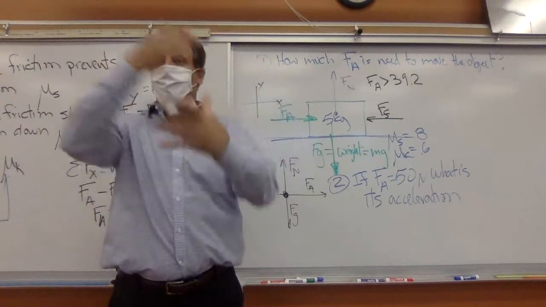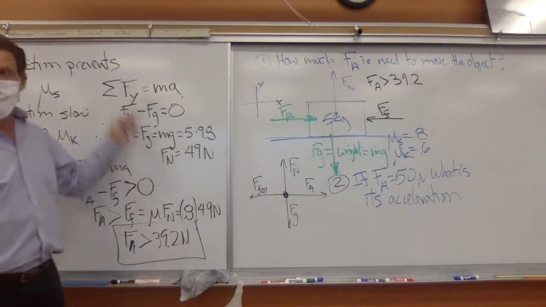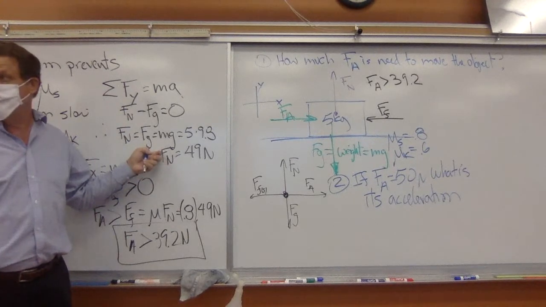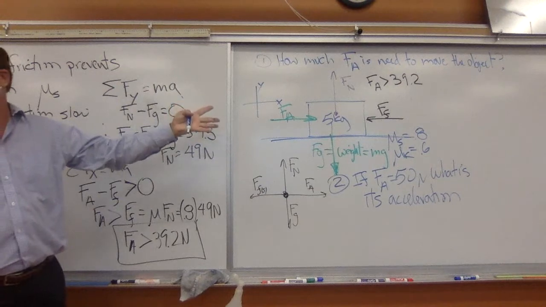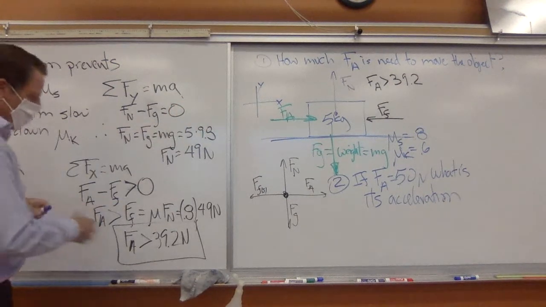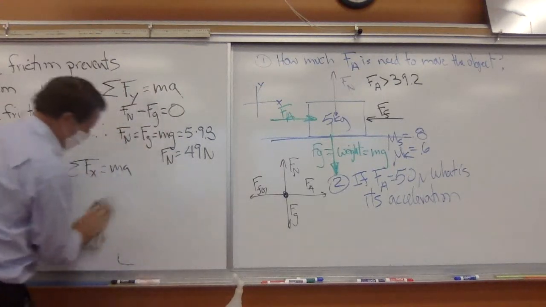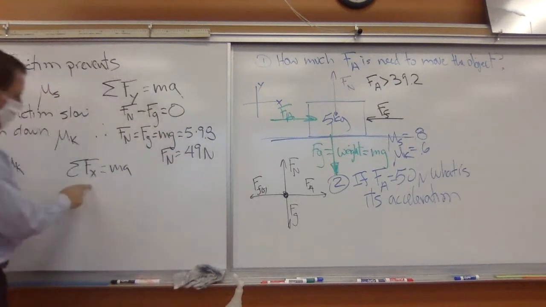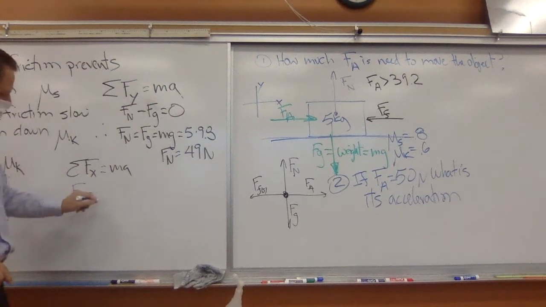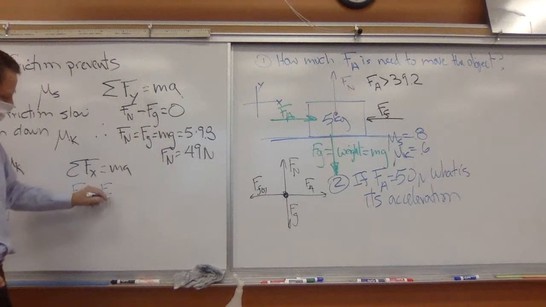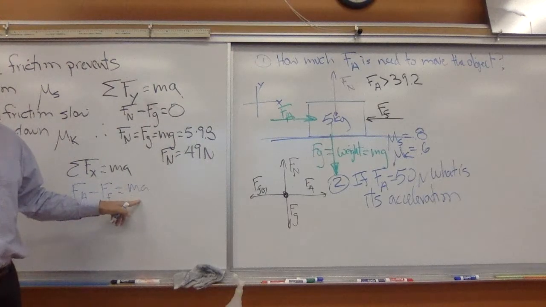So now we're going to go through this whole thing again, except our normal force, this part right here, is going to stay the same. The normal force is still going to be 49. So all we're going to do is change this one down here. So now we're going to have an applied force minus the force of friction, and that is equal to MA.